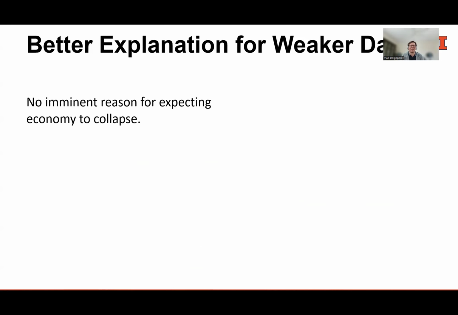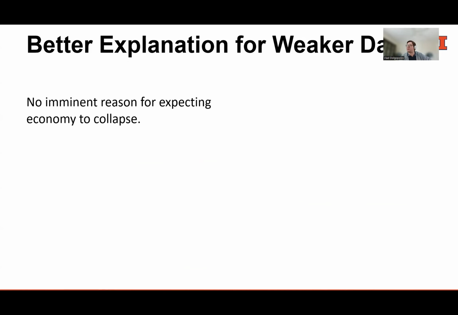So from this perspective, there might actually be a better explanation for weaker data. First of all, the economist says there is no imminent reason for expecting the economy to collapse. There is nothing on the horizon that can potentially give us a significant push in the down direction.